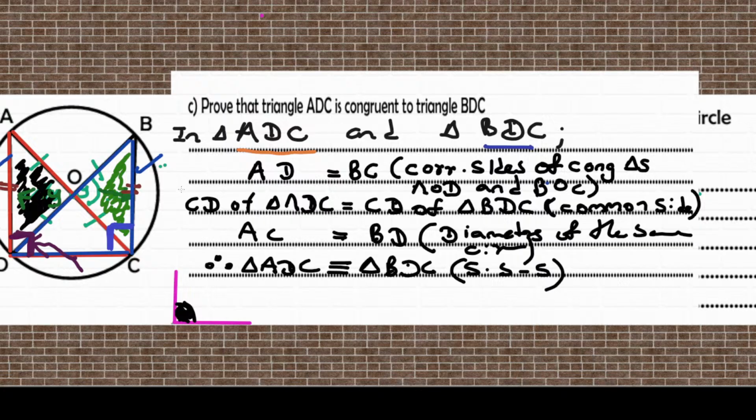If you cannot back your answer with a reason, if you are just saying because it looks like 90, I'm taking it as 90, then you're wrong. You should have a proper reason to say why it is 90. Your reason can't be that it looks like 90 or it is L-shaped. That's a wrong reason. Hope you understood.